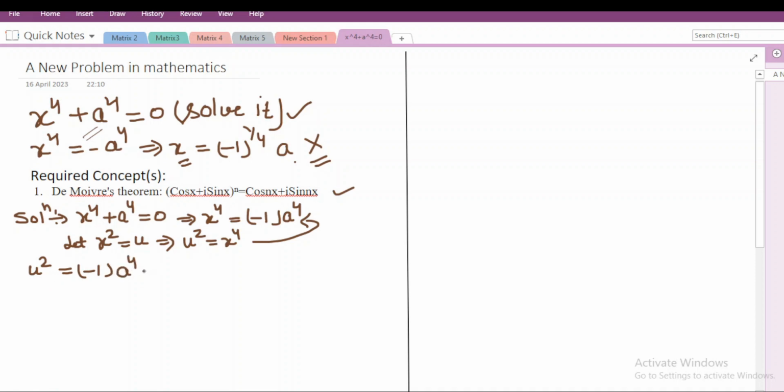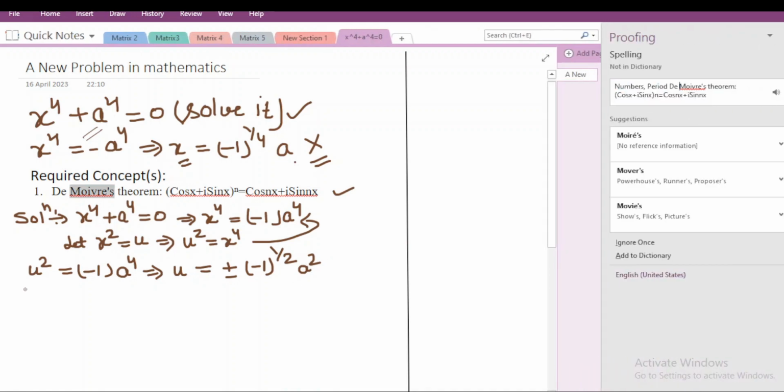Taking the square root of both sides, we will have u equals plus minus 1 to the power 1 by 2 a square. Okay, now we are moving forward.